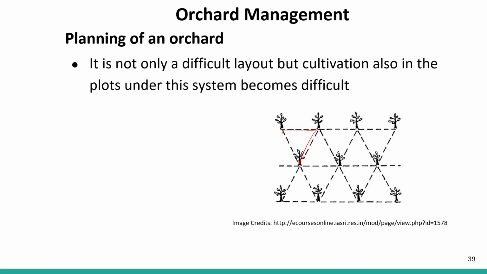It is not only a difficult layout, but the cultivation in the plots under this system also becomes difficult. So this is one of the difficult systems for management, and its planting is also not easy.